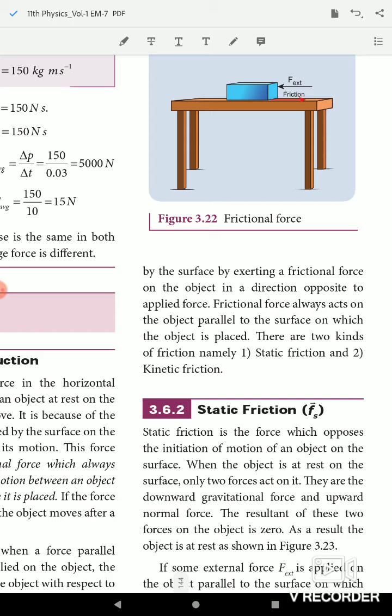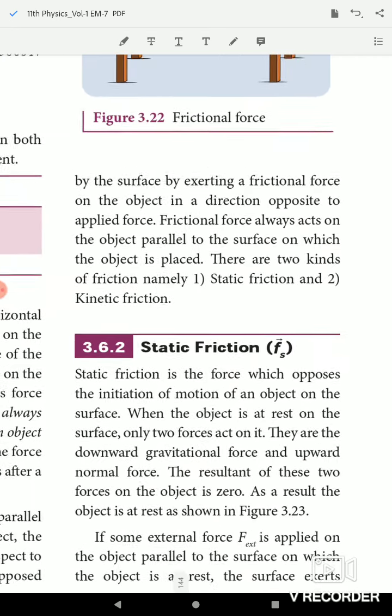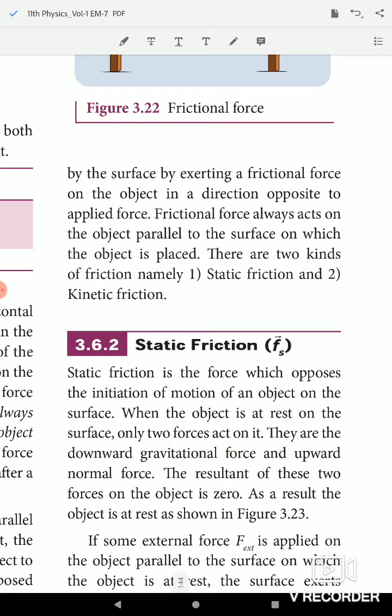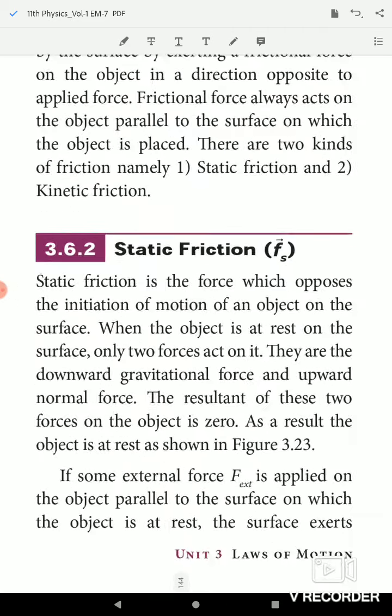So frictional force always acts on the object parallel to the surface on which the object is placed. Friction always opposes the applied force. Therefore there are two kinds of friction, static friction and kinetic friction.